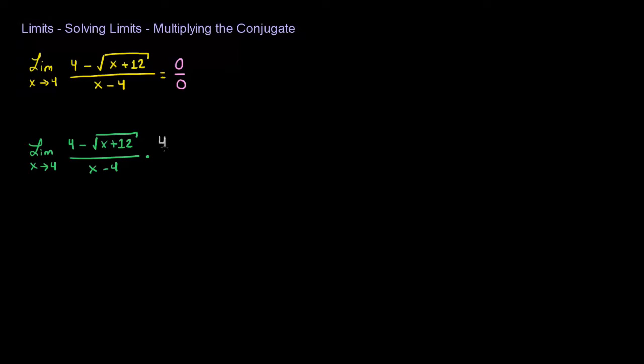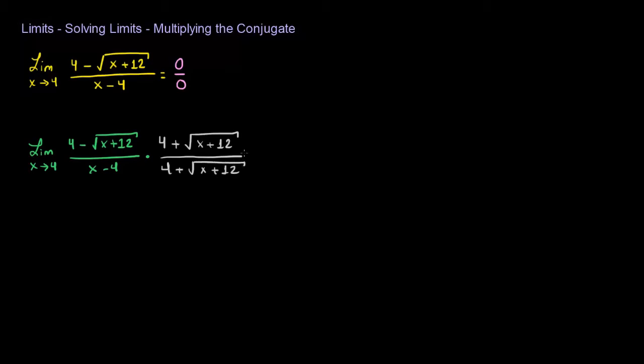It will be 4, and now instead of writing this negative, I'm going to write a plus here, and the rest remains the same. I'm only doing the conjugate for the denominator. So it will be over 4 plus the square root of x plus 12.